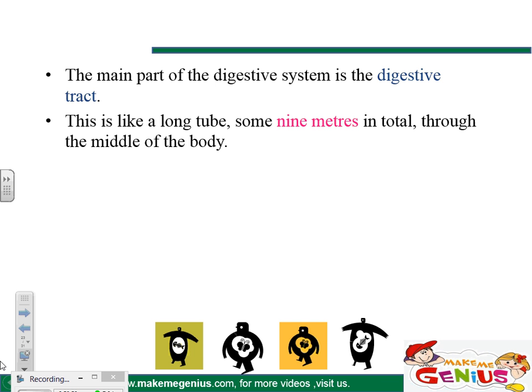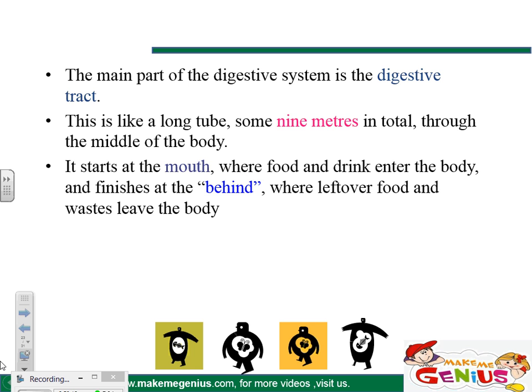This is like a long tube. Some are 9 meters long in total. That would be 9 of those sticks. And it goes through the middle of the body. It starts at your mouth where you put the food or drink in, and it finishes where leftover food or your waste leaves.